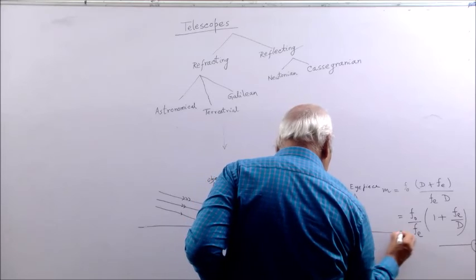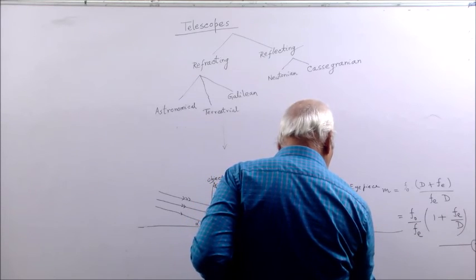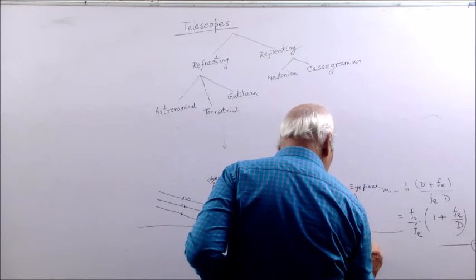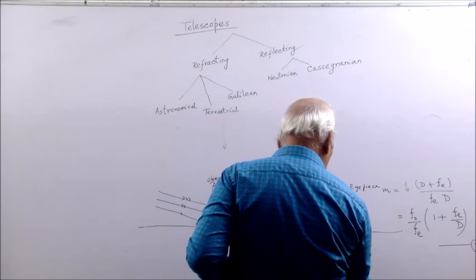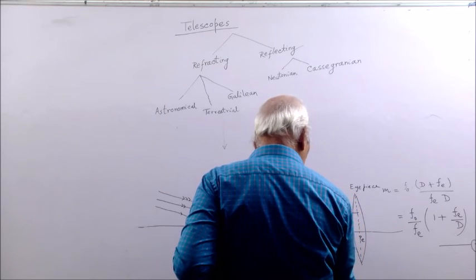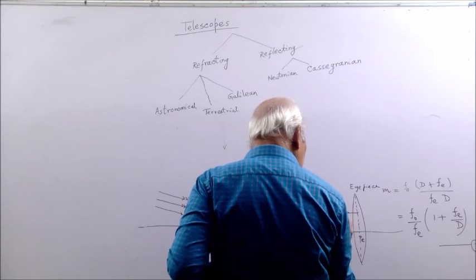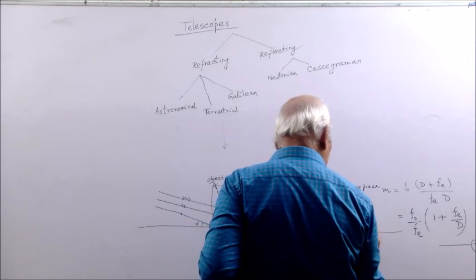And this A dash B dash must be in between the focus and the optical center.